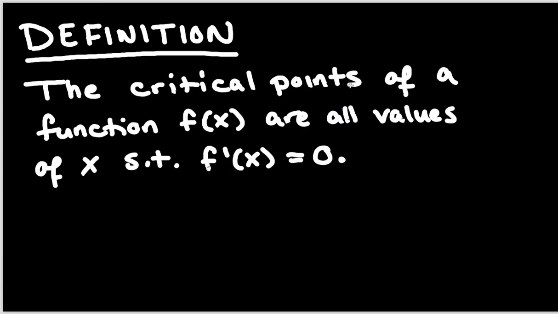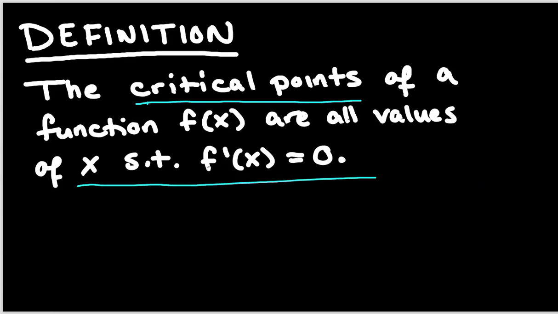So, let's define something else now. Previously, we just went over what the value of the derivative of a function is. Now, let's talk about this new idea of a critical point. What is a critical point? And we're almost done, actually. A critical point is all those x values such that f prime of x equals 0.